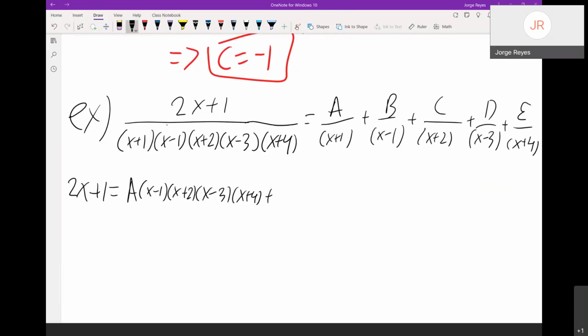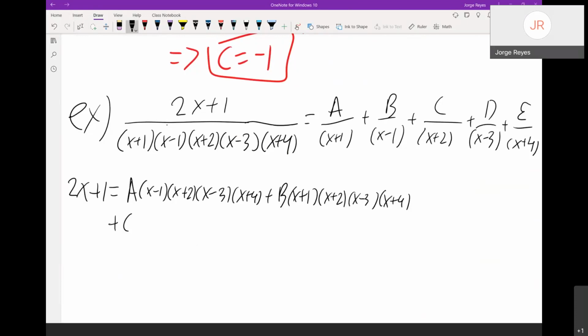I probably should have made a smaller example. Then B times x plus 1, x plus 2, x minus 3, excuse me, x minus 3, x plus 4. I don't think there's space.